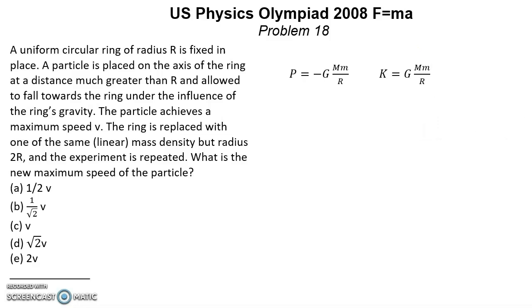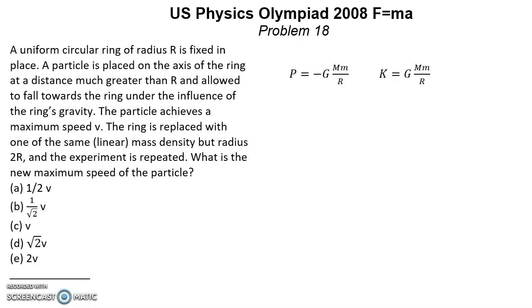Now let's see what happens if we have a double ring with the same linear density and repeat this experiment. If we double the radius, it means that the total mass of the ring will double, and the distance from the center of the ring will double too.